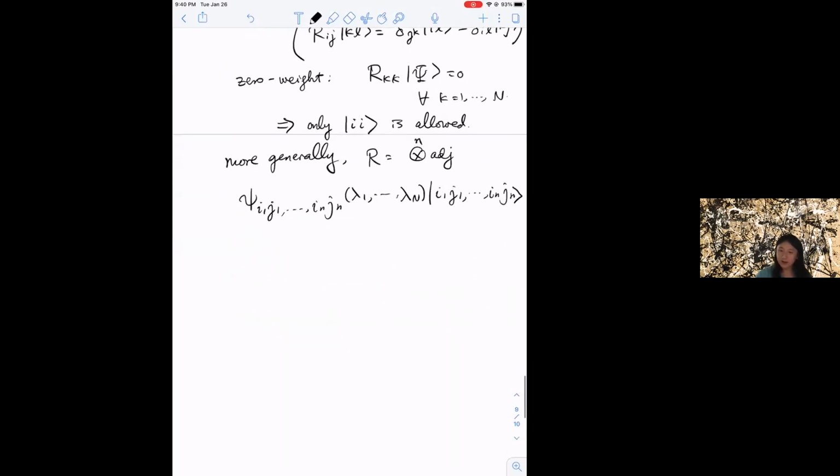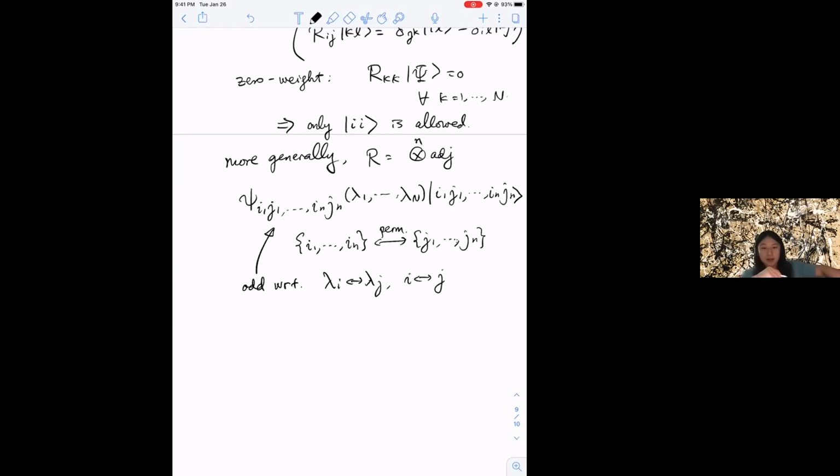And the zero weight condition means that the set of indices i1 through in and j1 through jn are related to each other by permutation. That will guarantee the weight is zero. And furthermore, what replaces the fermion statistics is the statement that this wave function is odd with respect to not just exchanging lambda_i with lambda_j, but simultaneously exchanging i with j on the level of its subscript indices. Okay, so this is a generalized notion of fermion statistics.